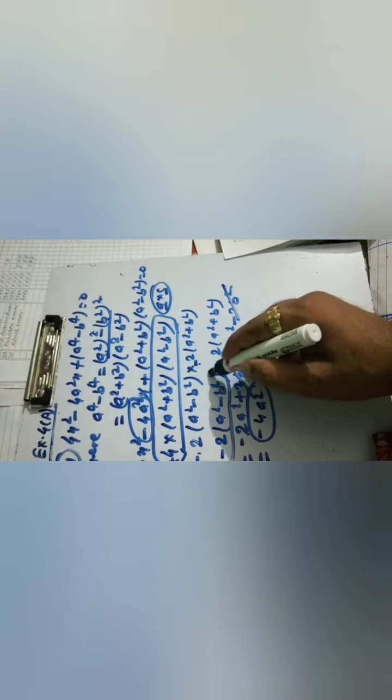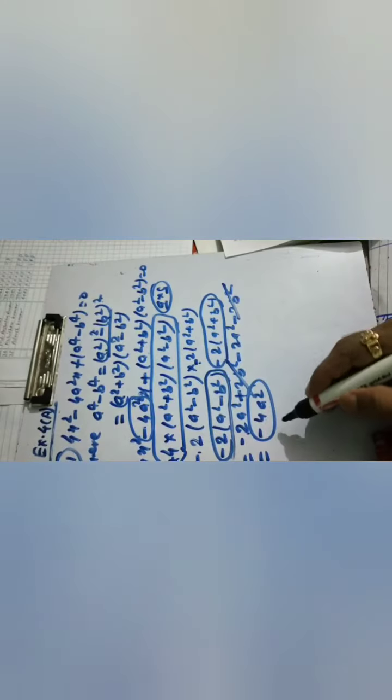Minus 4a square is the coefficient of x. Okay, then this is the required two factors which can be used to factorize the given quadratic equation.